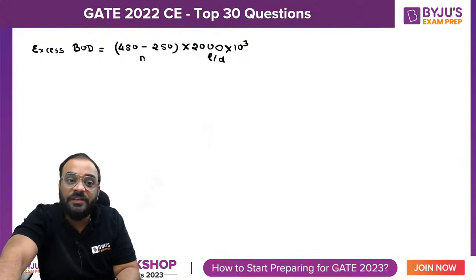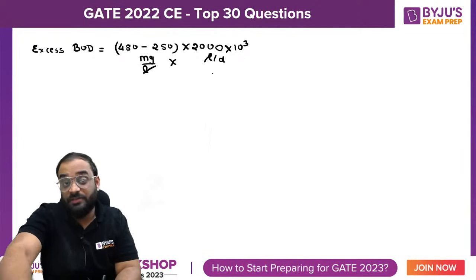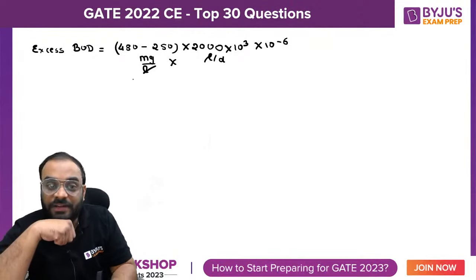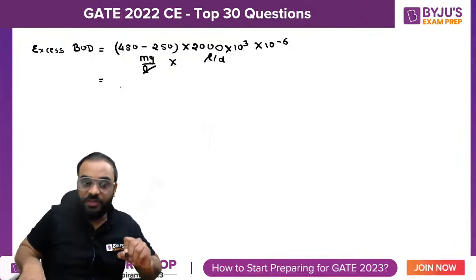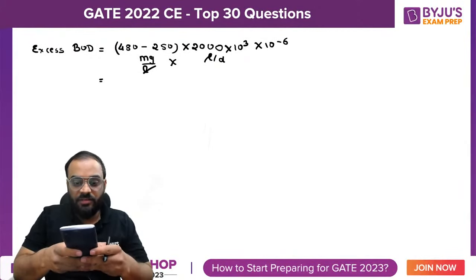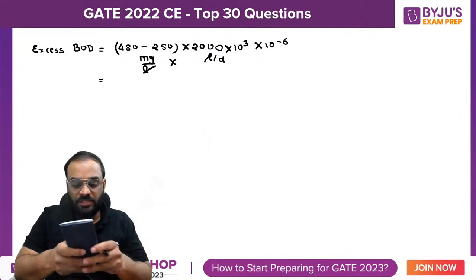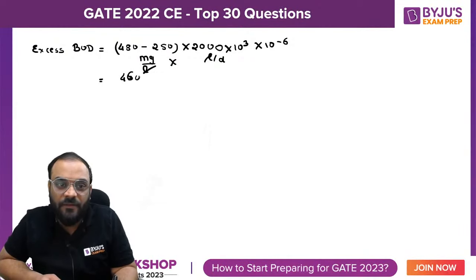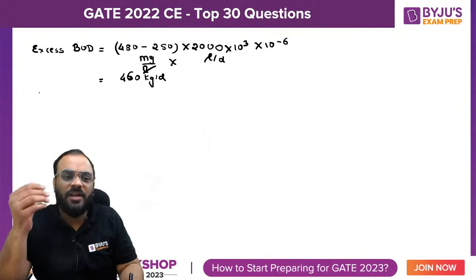This one is in milligram per liter, so you can cancel liter to liter, but we need to convert the value into kilogram, so 10 raised to power minus 6. So 480 minus 250 multiplied by 2000 multiplied by 10 raised to power 3 multiplied by 10 raised to power minus 6. We are getting a value of 460 kg per day, right? Now, what is the rate?